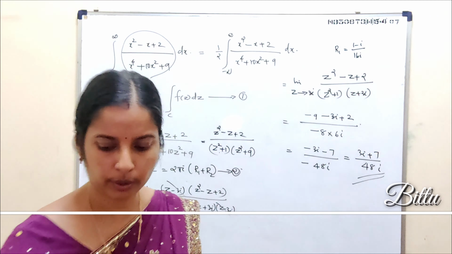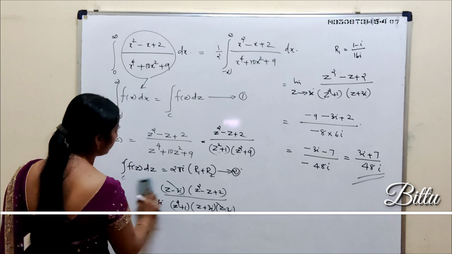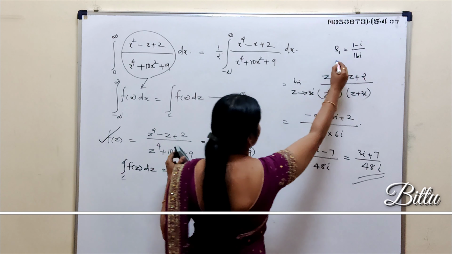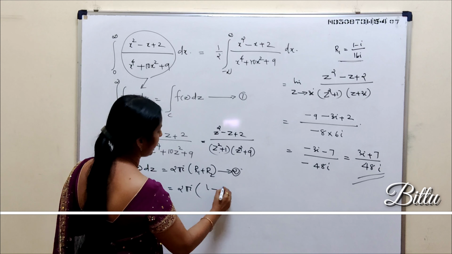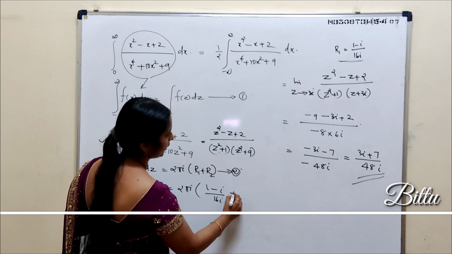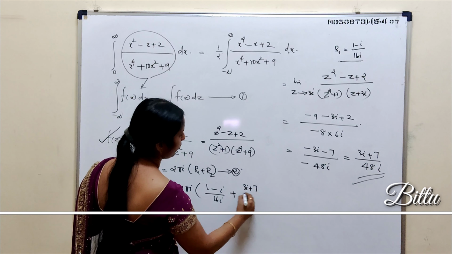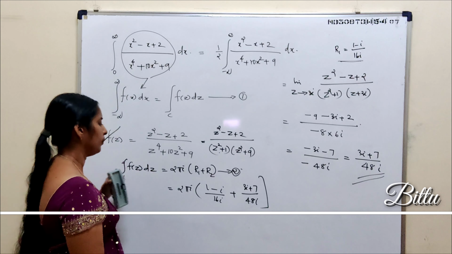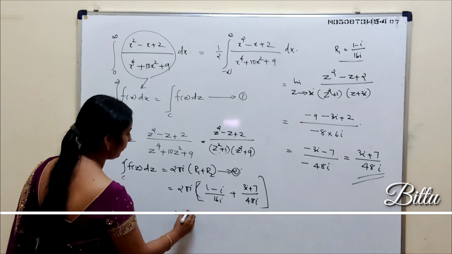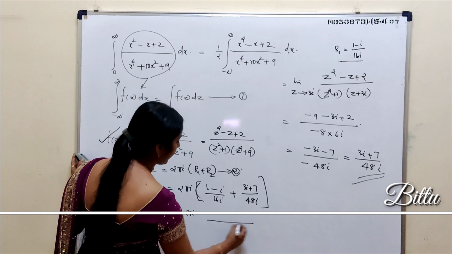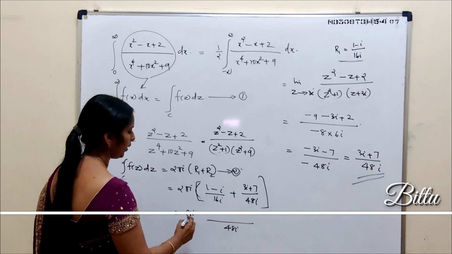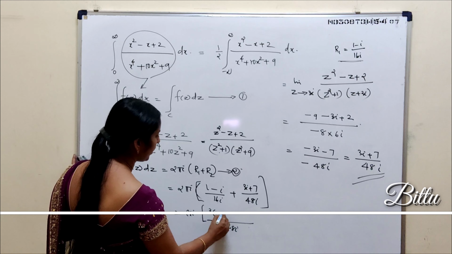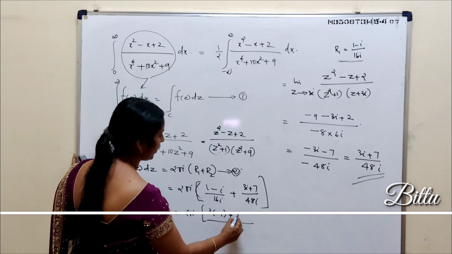Now we have R1 and R2 to put in equation number 2. So it is 2 pi i, R1 is (1 minus i) by 16i plus (3i plus 7) by 48i. Next you take the LCM, 48i. So the numerator is 3 into (1 minus i) plus 3i plus 7.